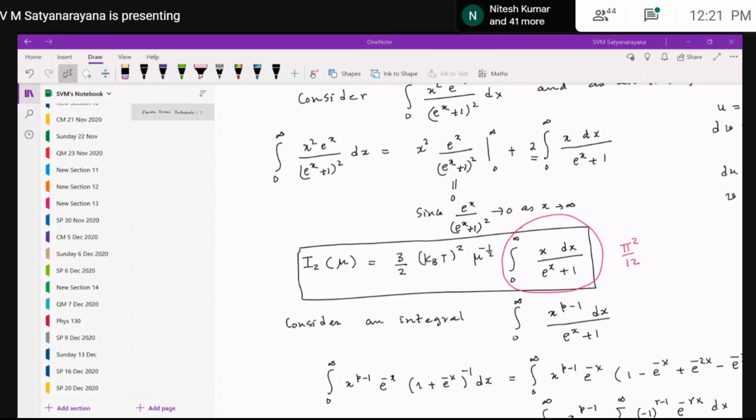Excuse me, sir. Yeah. Sir, I have a doubt in the previous class. I found it difficult to show that W remains unchanged when we interchange the number of quanta with the number of particles.